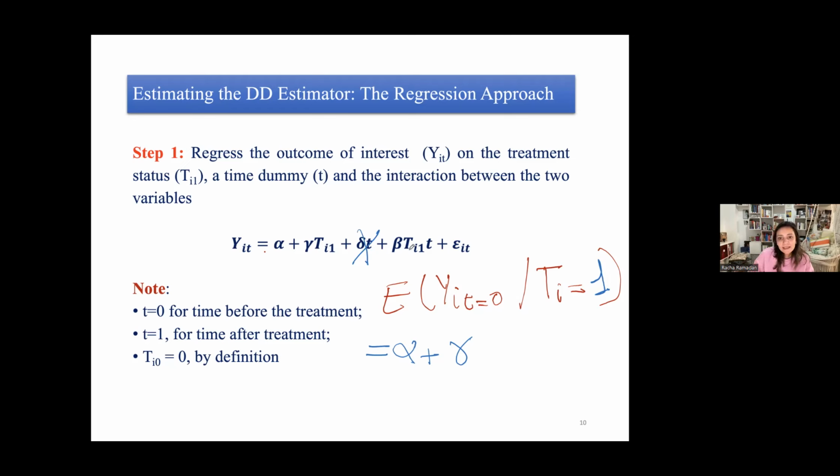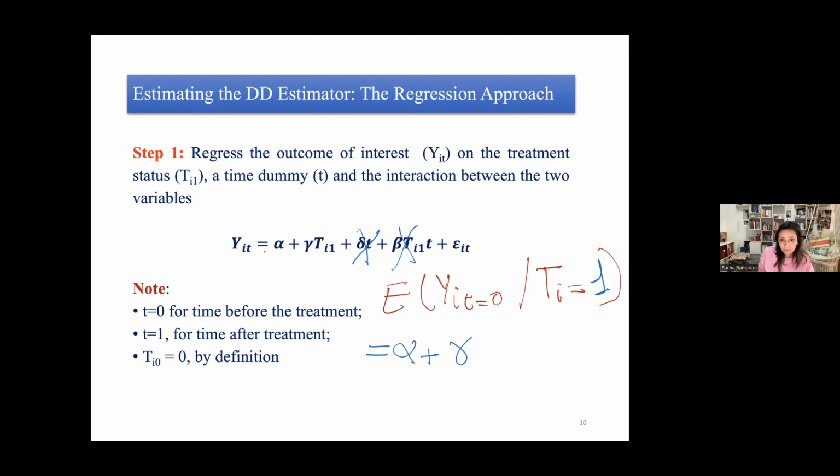But here you have the T capital 1 because the individual is a beneficiary, but we wanted to calculate it at the period t equals 0. So here is 1 multiplied by 0. So all this part will be eliminated. So the expected outcome of an individual who will be treated by the program, but at period 0 will be equal to alpha plus gamma.